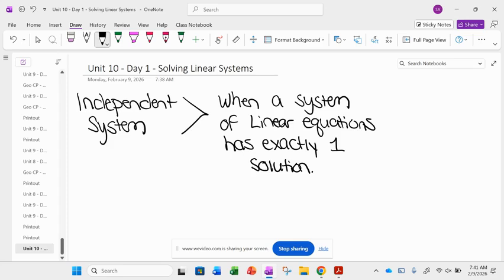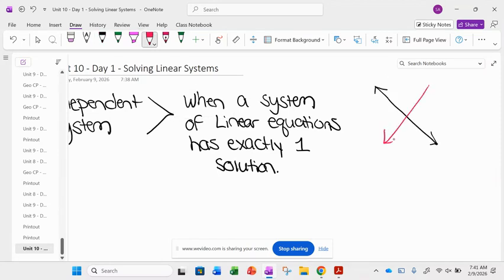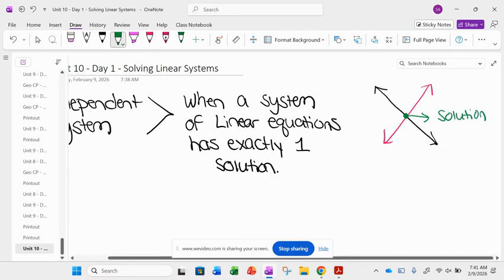So when we have a system of linear equations having exactly one solution, that means that the two lines cross at exactly one spot. And that point is always the solution. So where those two lines cross, that is our solution. So an independent system has exactly one solution.